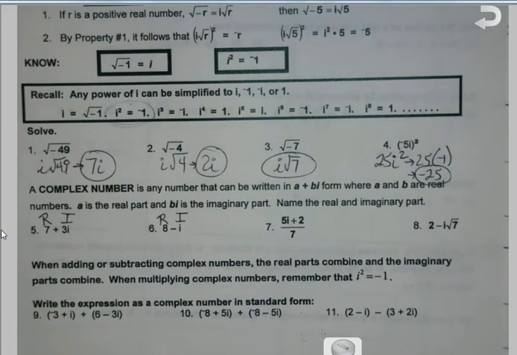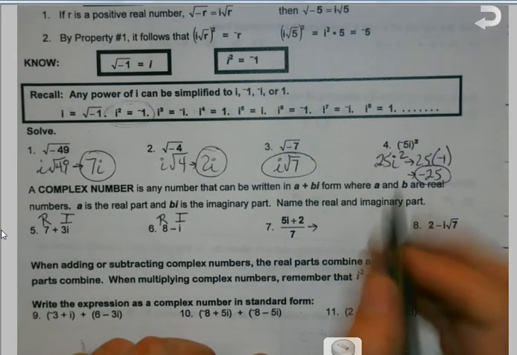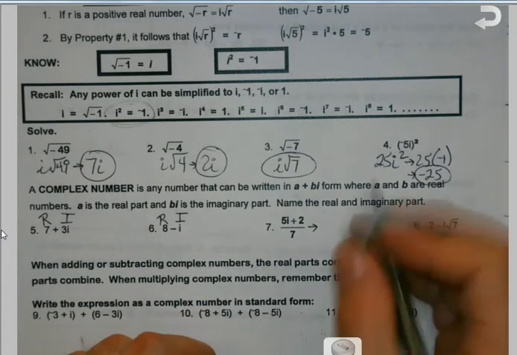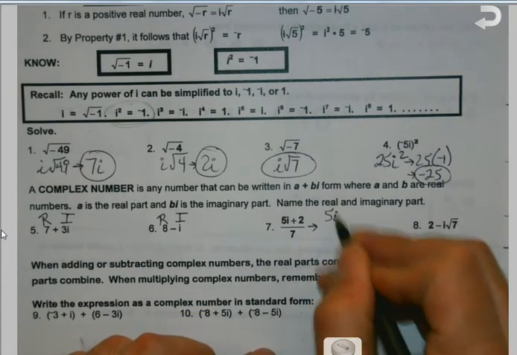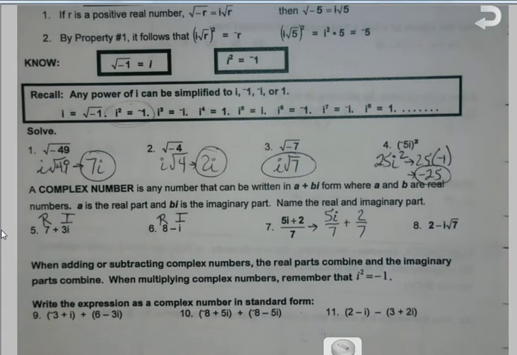Now here's where this gets a little more interesting. We get up to a problem like 7. When you're going to do it this way and you're naming the real and imaginary part, we need to get these split up. In other words, I'm going to look upon those as two separate fractions.